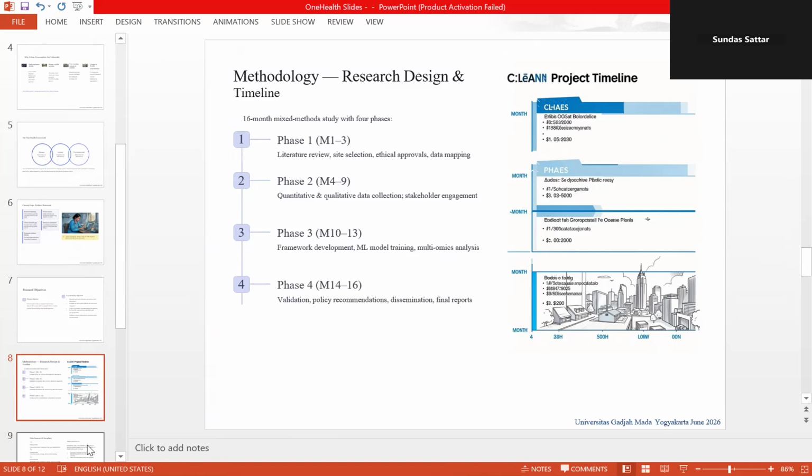The second phase includes quantitative and qualitative data collection, stakeholder engagement, framework development, ML model training, multi-omics analysis, validation, plus policy recommendations, dissemination, and final reports.